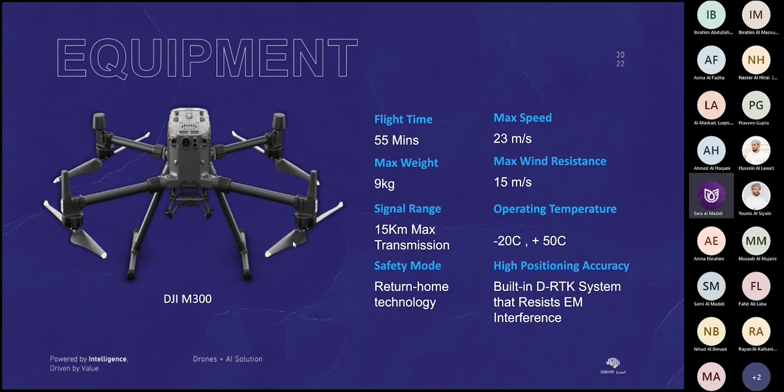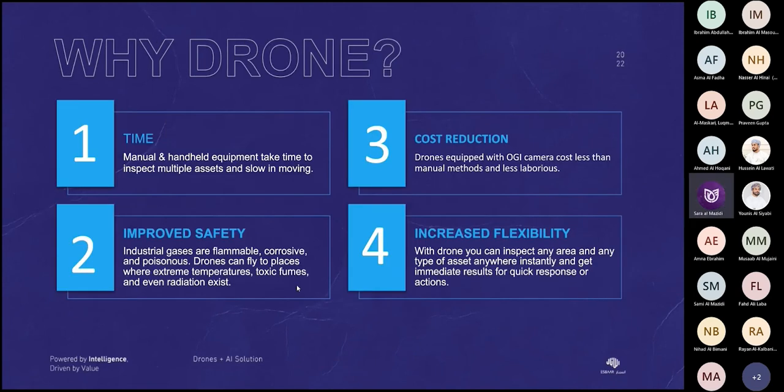And why are we using drones in OGI? Of course, the pilot will be sitting in one place, and he can inspect different assets. This is not like the handheld. Compared to handheld, it takes less time, because otherwise your inspector will be moving around the assets.